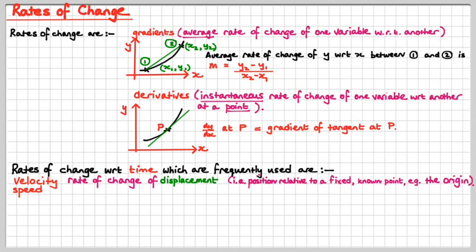Now, speed is another one. Speed is different from velocity. Speed is just the rate of change of distance. Now, distance is different from displacement. Distance is just the total length of your journey, whereas displacement is where you are relative to the fixed reference point.